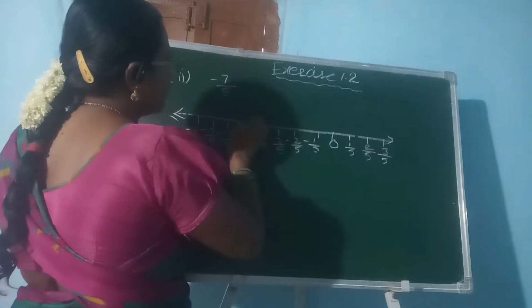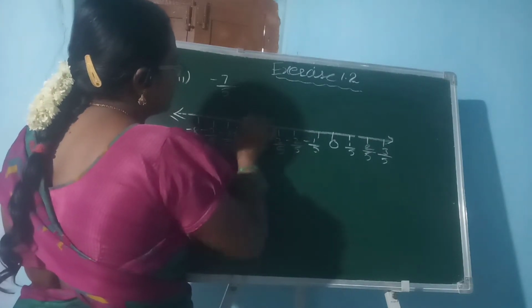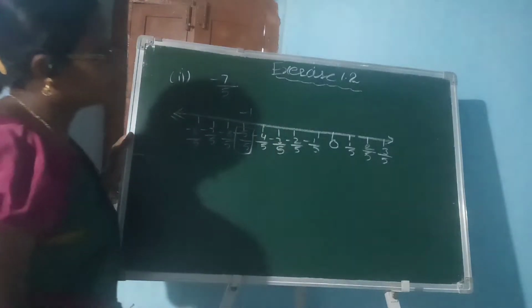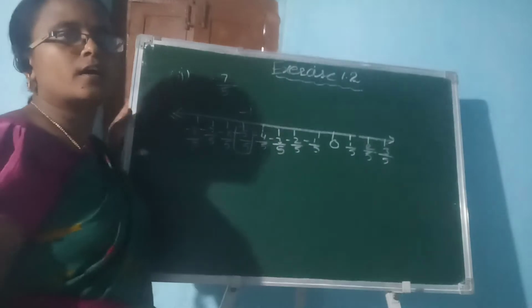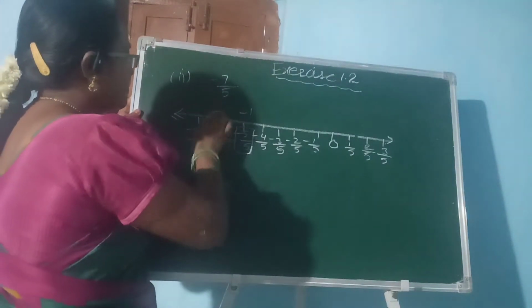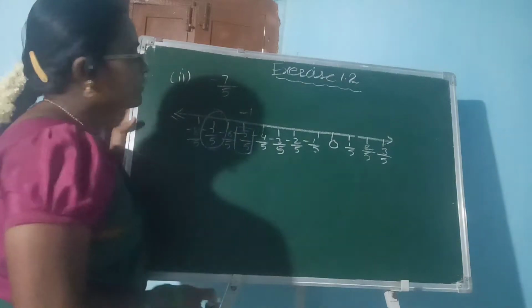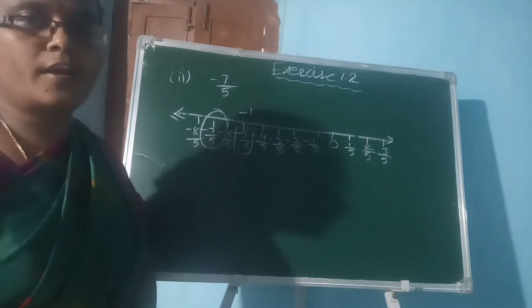And we know that minus 5 by 5 becomes minus 1 here. I need to mention minus 7 by 5, so I am rounding it up. This is how I represent minus 7 by 5 on the number line.